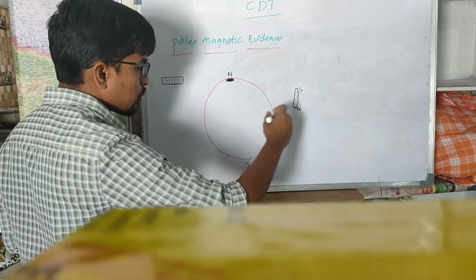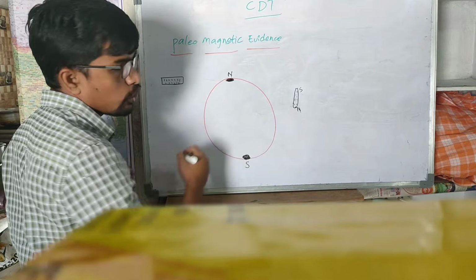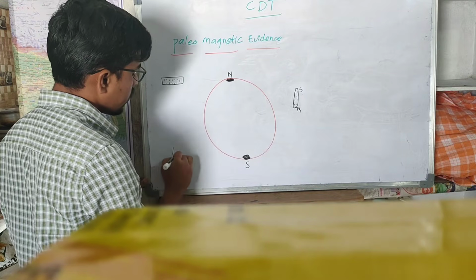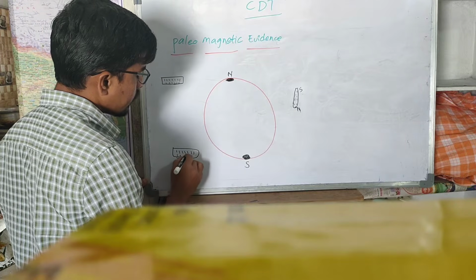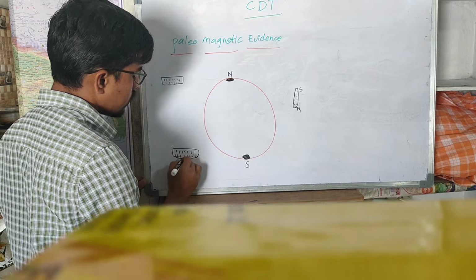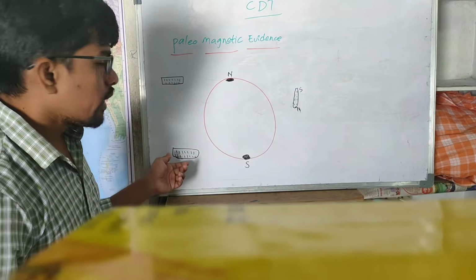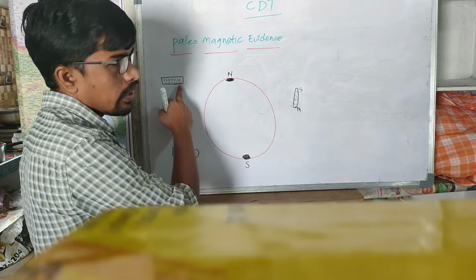The north pole also directly tries to attract the south pole of the earth. So here also we can find the intensity of the magnetic waves in the perpendicular direction.